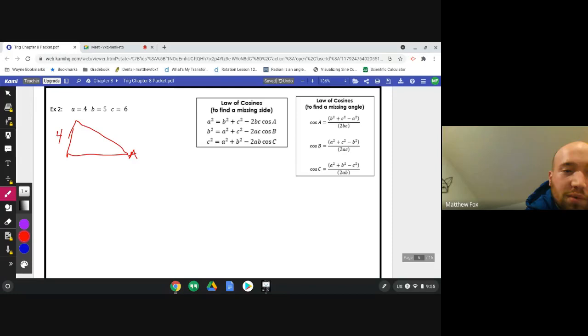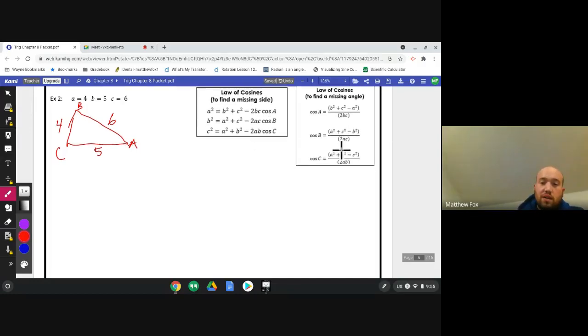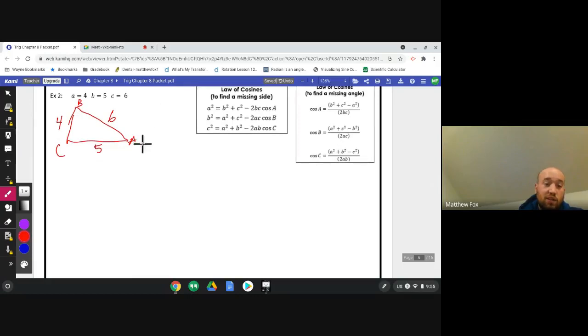We'll put B up here, across from 5, and C is across from 6. We need to find those 3 angles. Now, if we use this method and find 2 of them, then we can be done. Or we can use our logic and the knowledge that a triangle adds up to 180 to find the third.